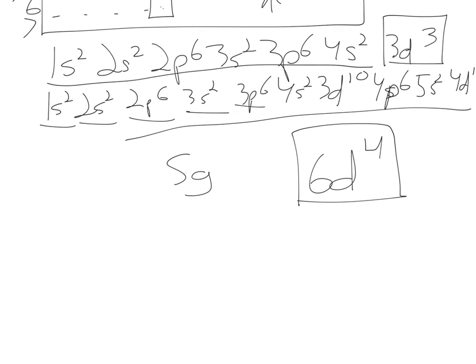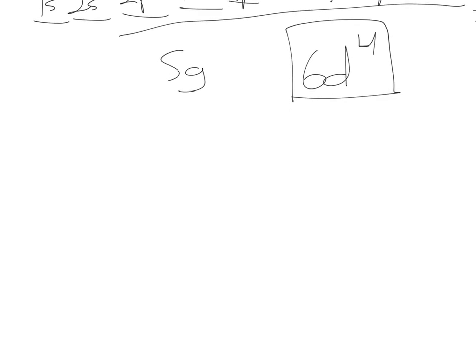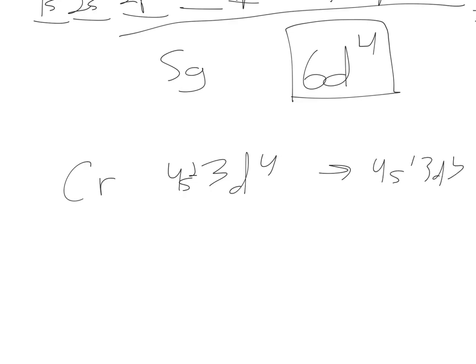This is 21. For each of the elements in Model 4, circle the portion of the true electron configuration that differs from the predicted electron configuration. Alright, so this is where we start to get into the tricky stuff. Chromium has a predicted configuration of 4s2 3d4, but it has an actual configuration of 4s1 3d5.